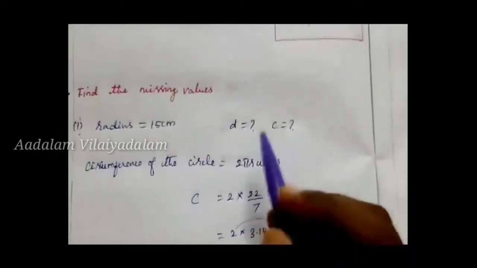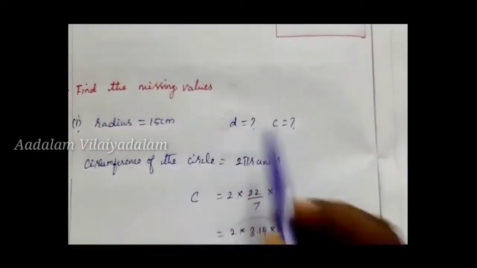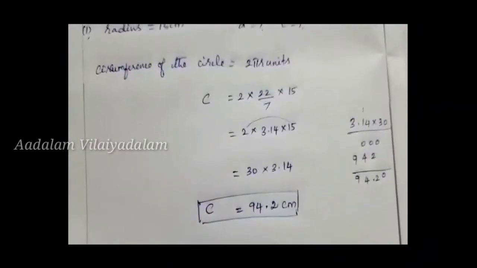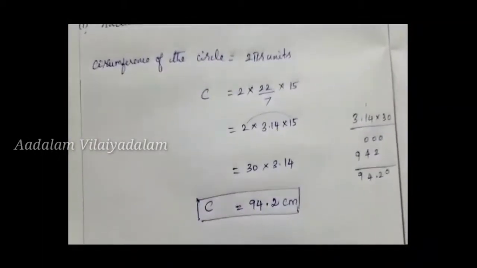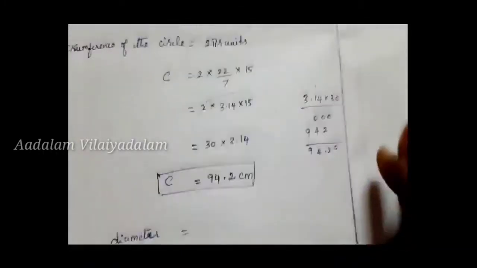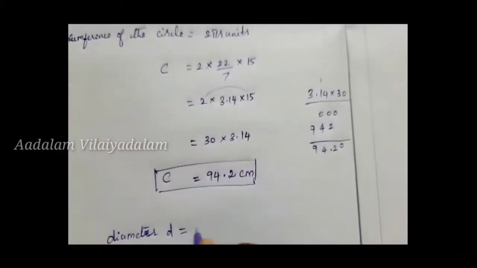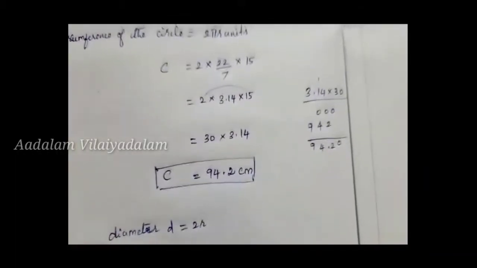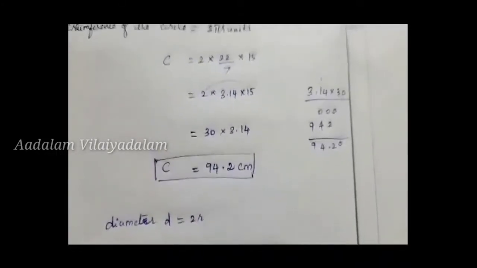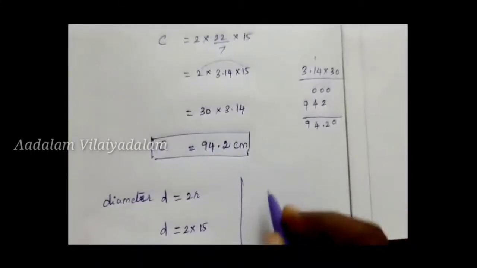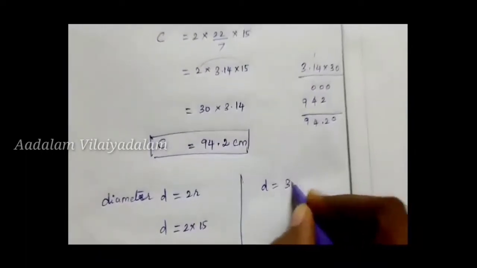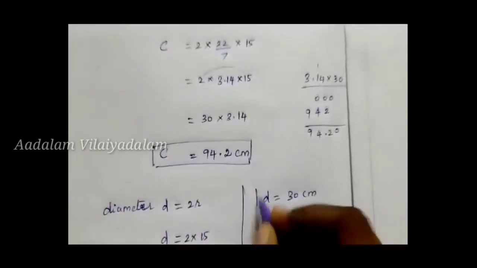But one more we need to find, that is D. We know that d equal to 2 times the radius. So diameter d equal to 2r. So d equal to 2 into the radius, 15 centimeter. 2 into 15 we get 30, and the unit is centimeter.